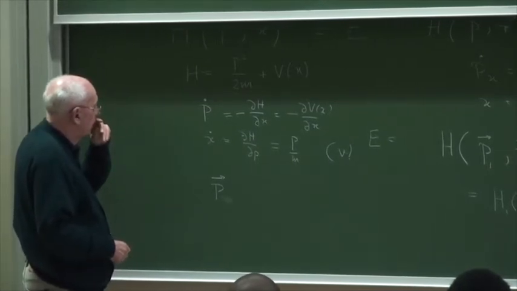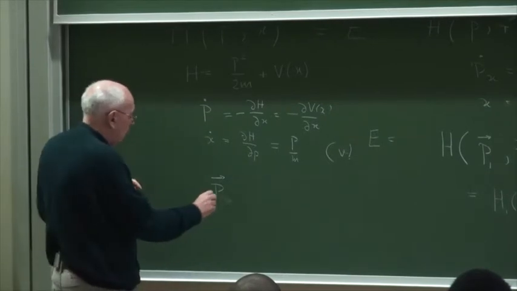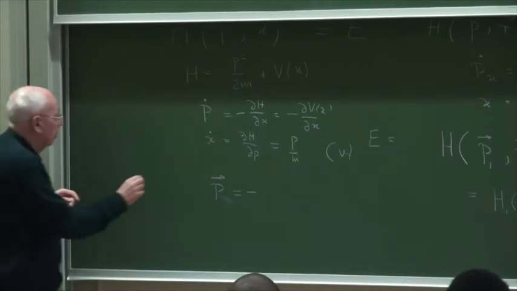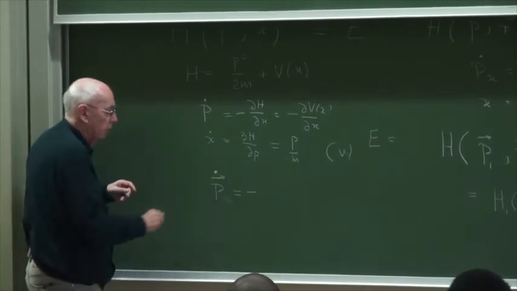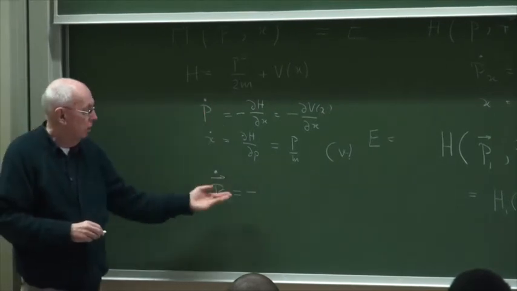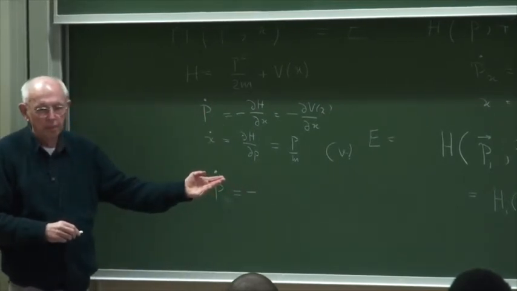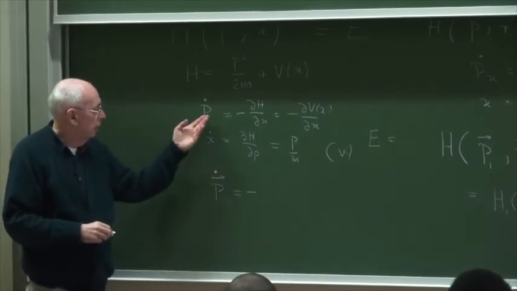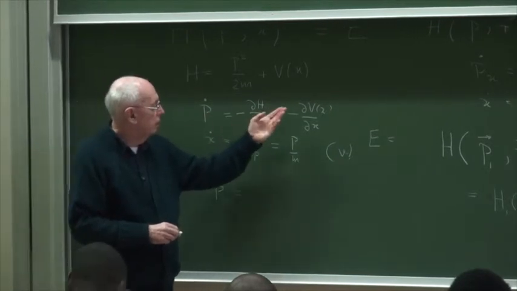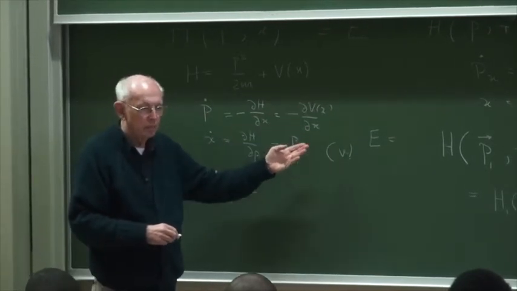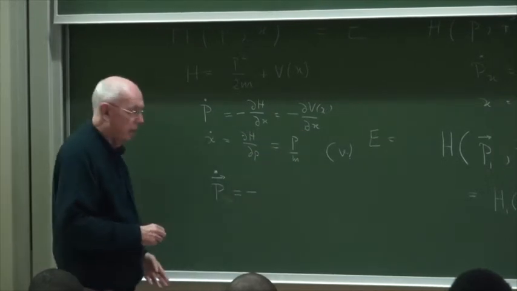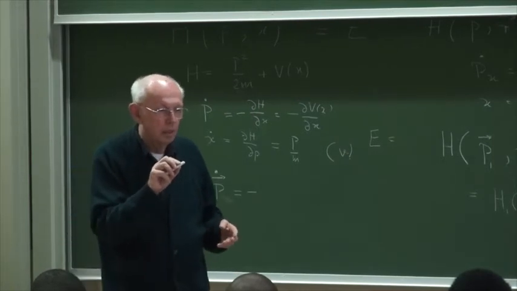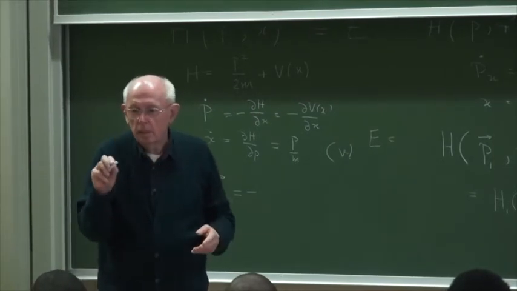What would it be? P dot as a vector, sorry. P dot as a vector. So I'm looking at this. So what will P dot be as a vector? So we know what Px dot is. And we have a little way of writing it. How do we write that?